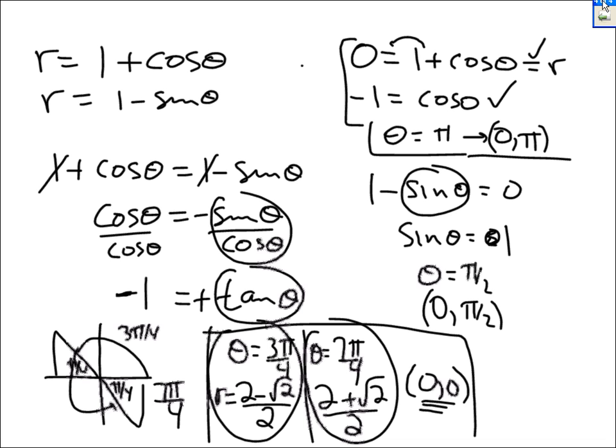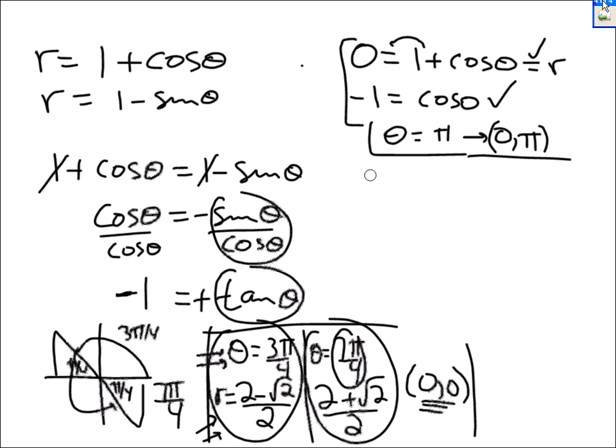0, 0. 2 plus square root of 2 over 2, comma, 7 pi over 4. This r down here, comma, 3 pi over 4. R comma theta. If it's an exam and you want to get full credit, you really need to write it down in parentheses with a comma in the middle, r to the left, theta to the right. 2 minus square root of 2 over 2, comma, 3 pi over 4.